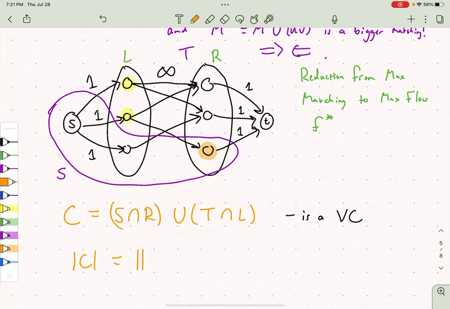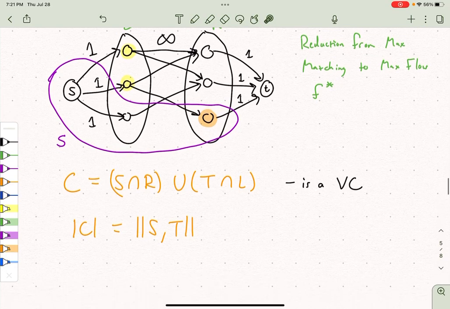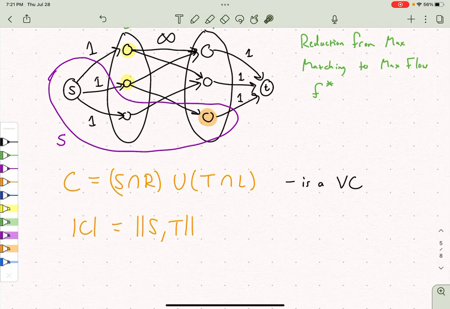So the size of the cover, which is the number of nodes we took, are in correspondence with edges leaving S and going to T. For every single vertex in the cover, we know there was one edge either going into it from S or leaving it and going to T. That's how we pick the nodes.